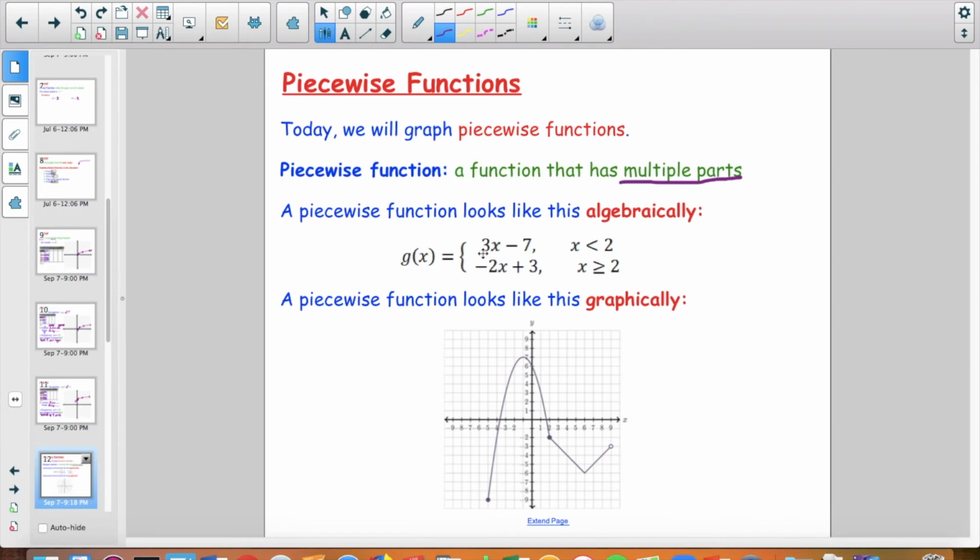So this is saying that, I'm going to split it up by a line, that when x is less than 2, use this equation. And this is saying when x is greater than or equal to 2, use this equation. So it looks something like this. It looks like two separate graphs, but they are put together because of their domains.